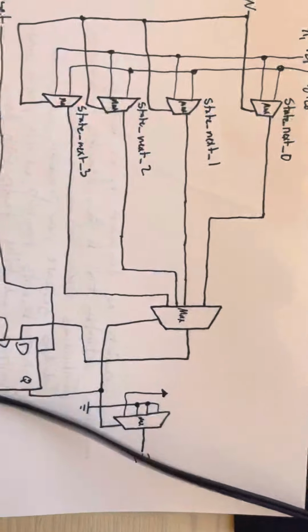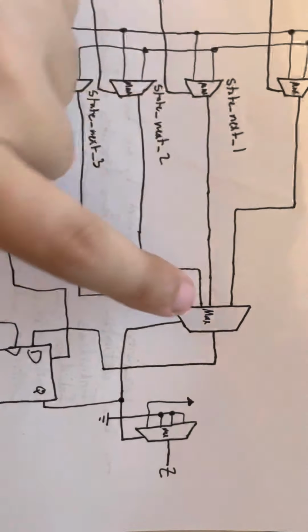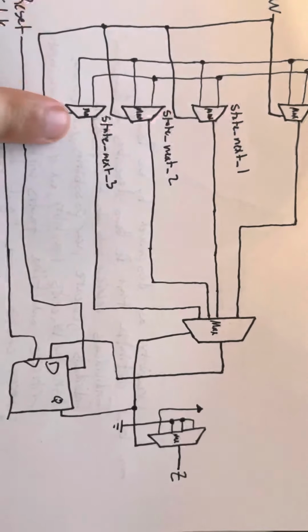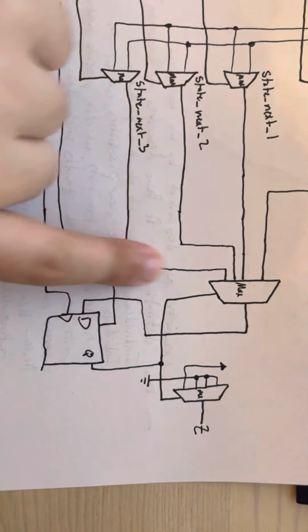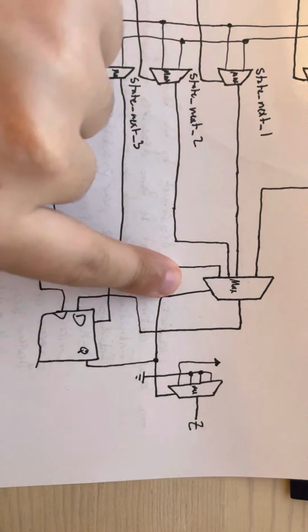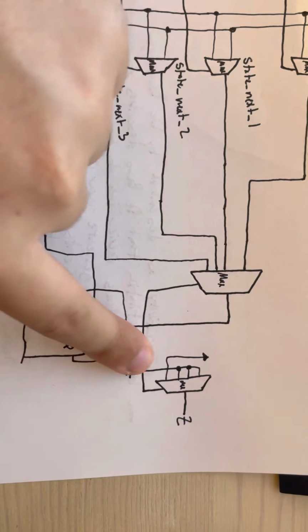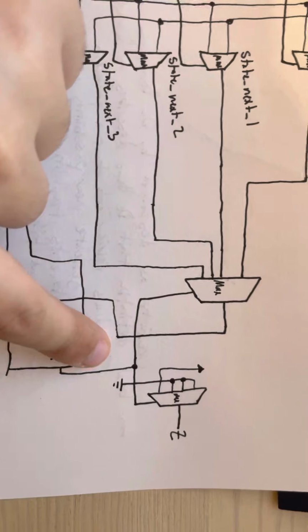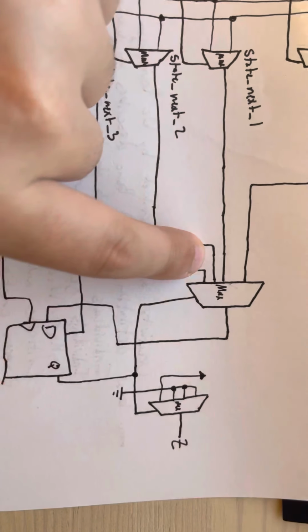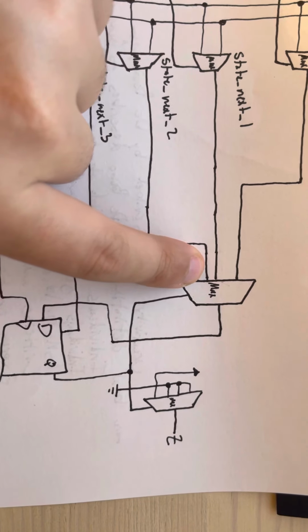And then we have a multiplexer, so all the next states get fed into the multiplexer. And then we have our D flip-flop, which has the Q output. So we have the Q, which actually is the selector for the multiplexer.